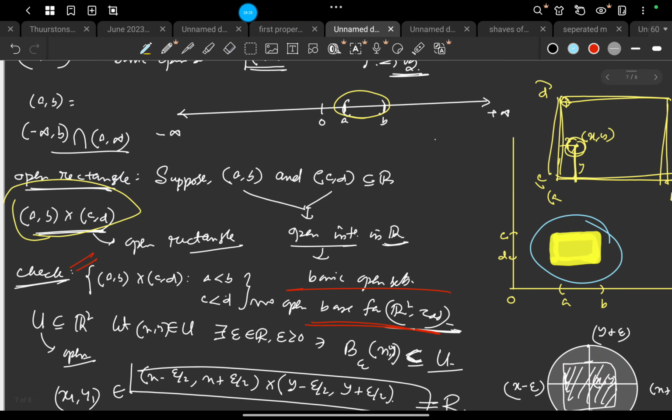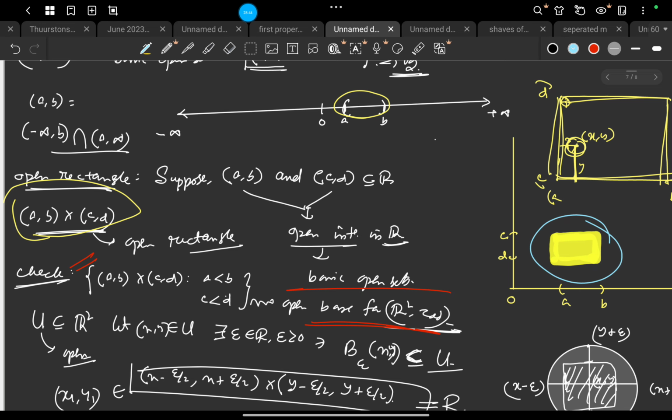We have basically gone from the topology tau Euclidean, from there we tried to get some open basis for that, and from there some subbasis for that.